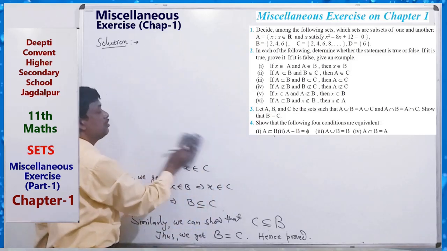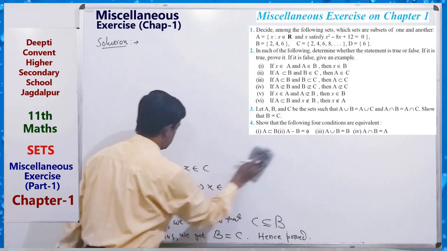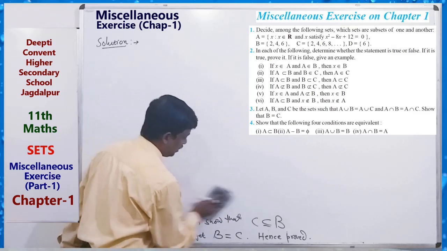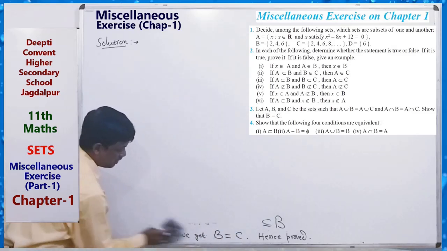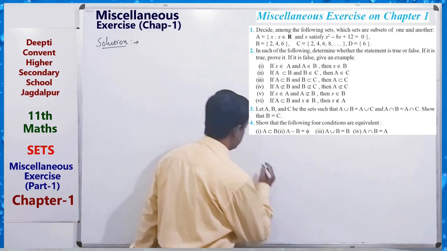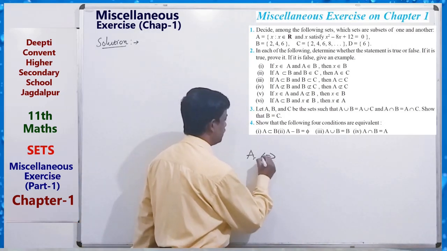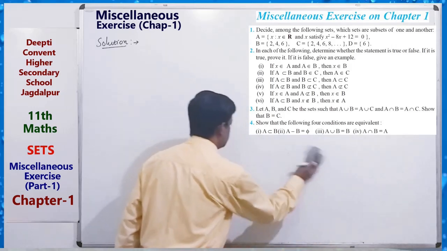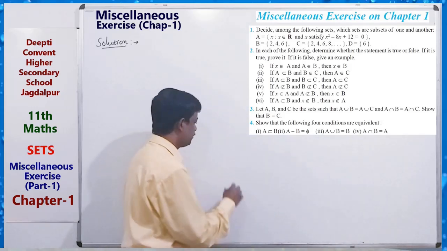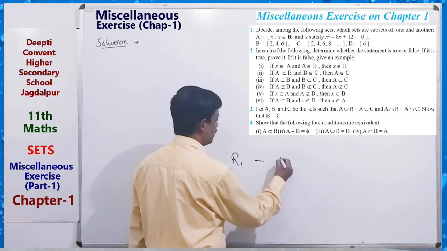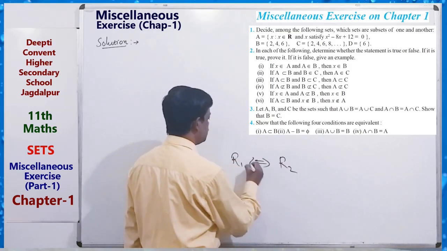One relation equivalent to another relation means, suppose we are writing like this, R1 equivalent R2, equivalent means this.